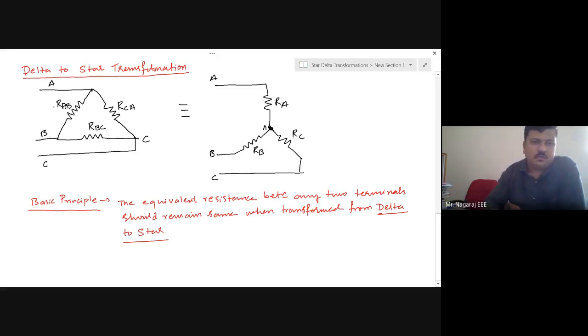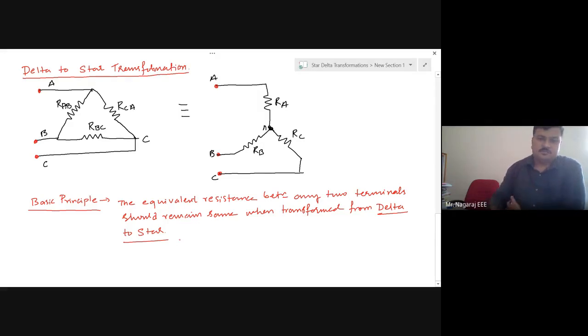Now, the equivalent resistance between A and B, whatever I get in delta, between A and B in star, those should be equal. The equivalent resistance between B and C in delta should be equal to that between B and C of star. The equivalent resistance between C and A of delta should be equal to that between C and A of star.